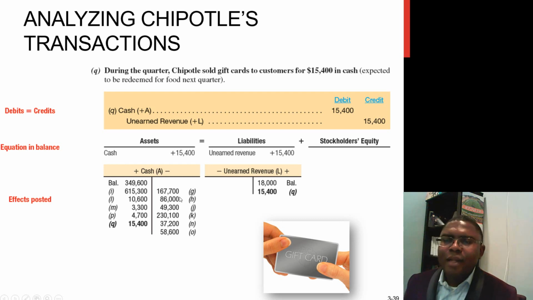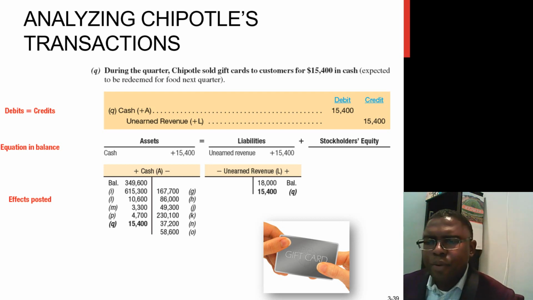All right, another example. The good thing is, in the multitude of these examples, we tend to really understand how we journalize these kinds of transactions. All right, it says during the quarter, Chipotle sold gift cards to customers for 15,400 in cash, expected to be redeemed for food next quarter.